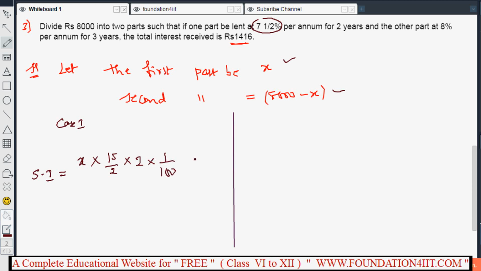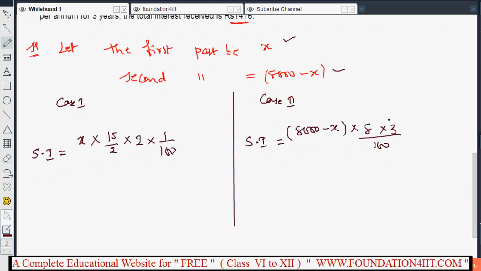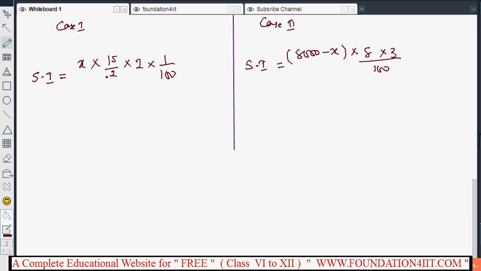So 1 by 100. In case 2, also simple interest, the principal is 8,000 minus x, rate percent is 8 and time is 3 years, by 100. But according to the given data, both together should be 1416. So you can cancel here, the 2s get cancelled, 5 3s are 15 by 20, finally 3x by 20.